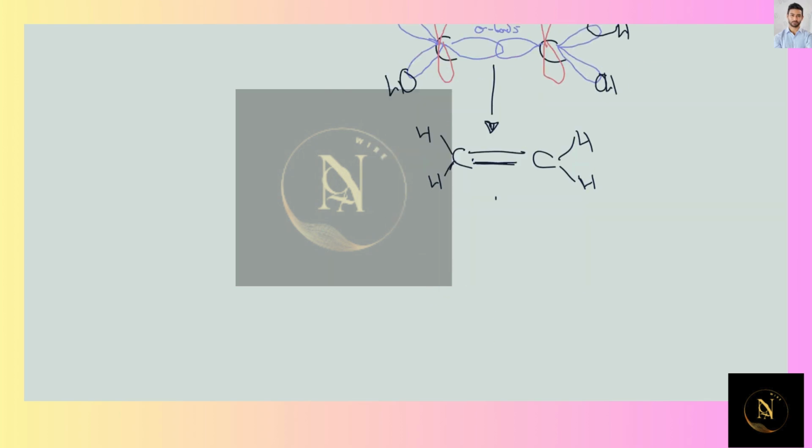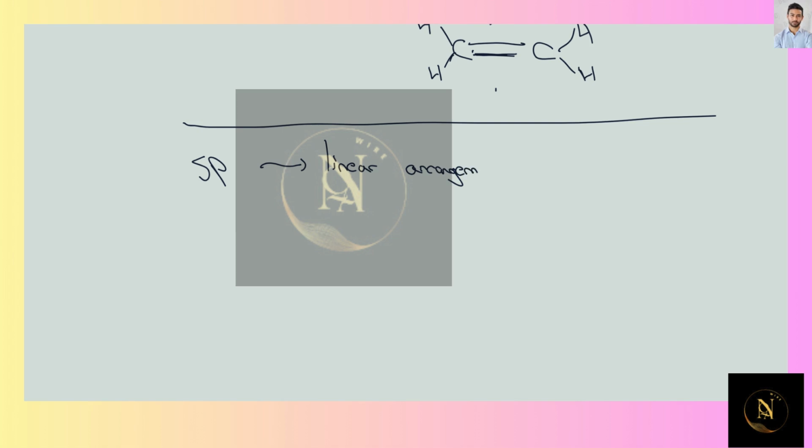And now going for the last one, the sp type orbital. This is going to come from a linear arrangement or a linear molecular geometry, which is going to allow the 2s orbital to interact with one of the 2p orbitals that we're going to have. Let's label the one that is going to be interacting 2px.